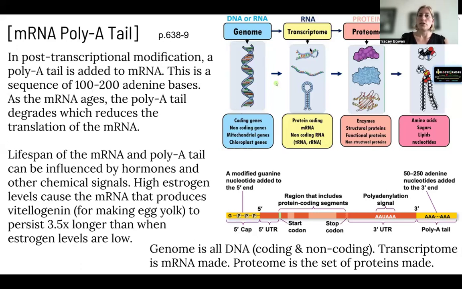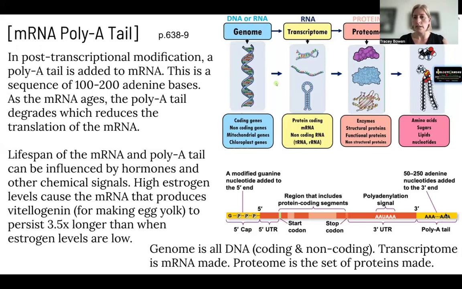And so the transcriptome is going to be smaller than the genome. And then the proteome is going to be even smaller, and that's the enzymes or structural or functional proteins, non-structural proteins, all the proteins that are made in our body. And so the transcriptome is going to be bigger than the proteome. And then lastly is going to be the metabolome, but we don't need to worry about this.